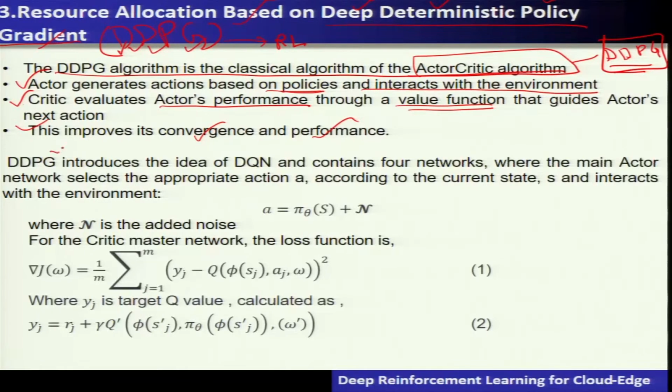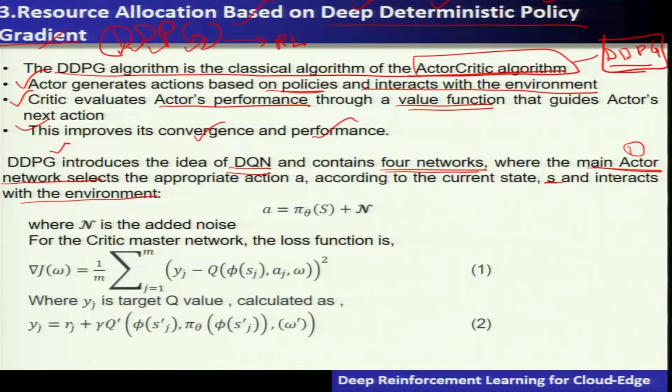DDPG introduces deep Q networks, and there are 4 different networks considered here in DDPG. The first one, called the actor network, selects the appropriate action according to the current state and interacts with the environment.